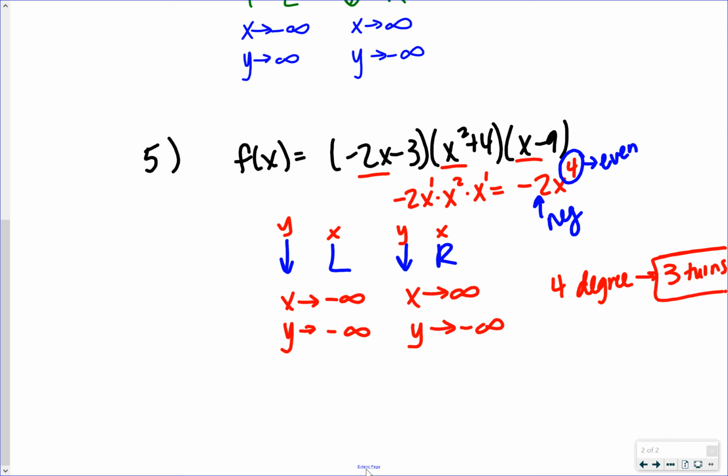All right, division. 6, 7, 8, 9 are all division. 6 is to use long division. So I've got 8x to the 4th plus 6x squared minus 2x plus 4.